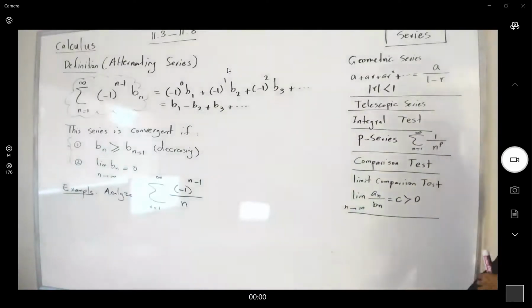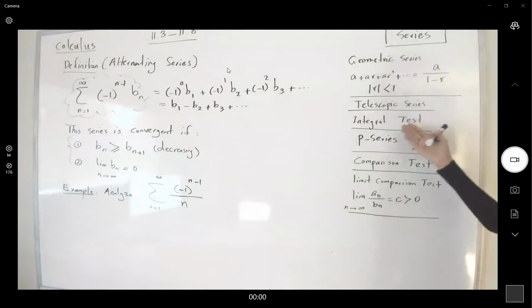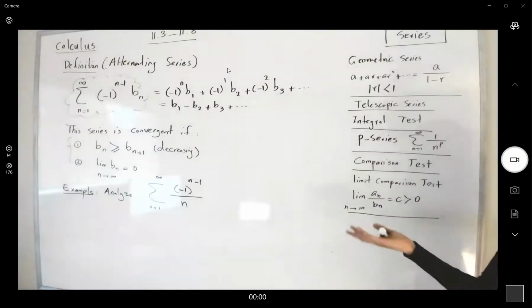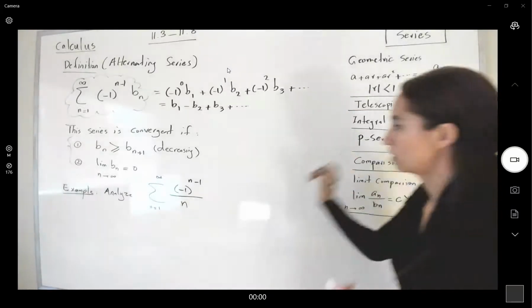Okay, take a look at this. Is it geometric? Is it telescopic? Integral test? P-series? Comparison test? Limit comparison test? Which one is it? This is a new series, an alternating series.